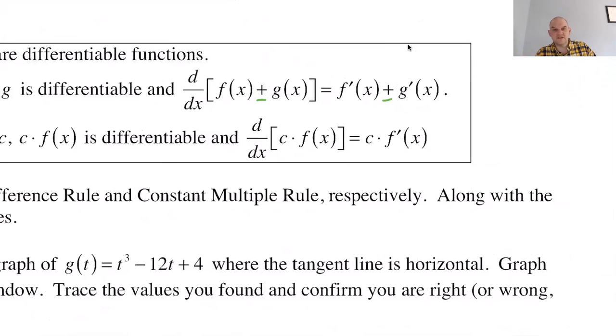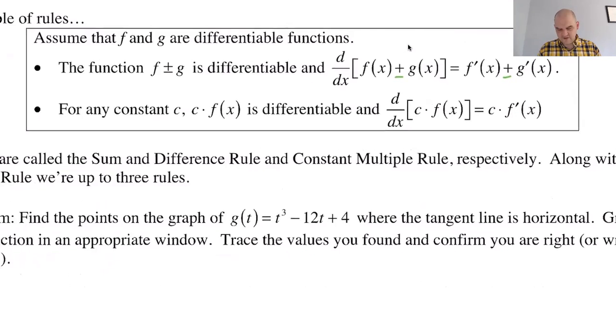Derivatives are limits, so the limit rules basically always apply to them. So f prime exists, which means the limit as h approaches 0 of f of x plus h minus f of x over h exists. g prime exists, the limit as h approaches 0 of g of x plus h minus g of x over h. That exists. So if we are adding or subtracting them, just find the derivatives and add or subtract them.